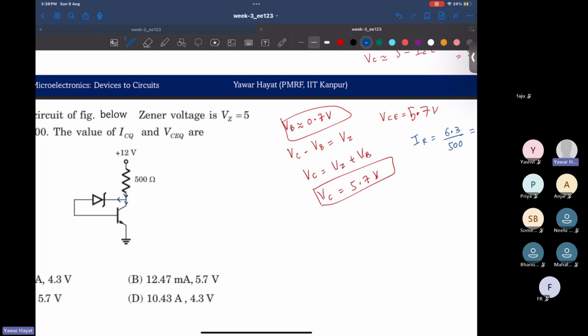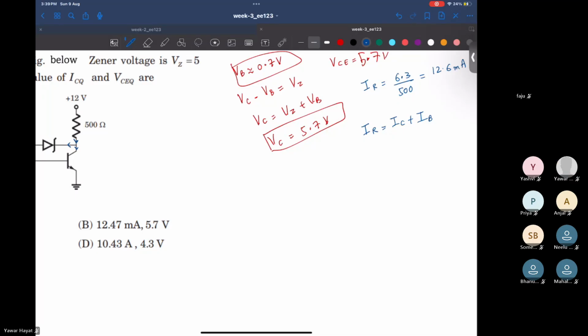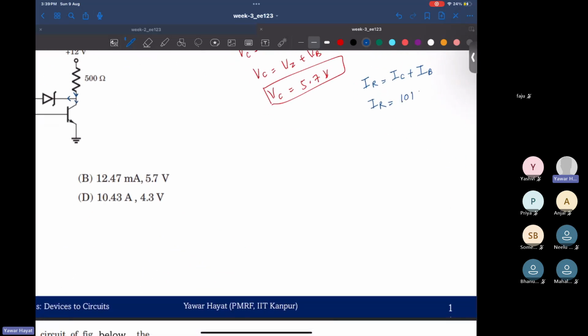So if I were to write in terms of equations, IR would be split into IC plus IB. And then how much is my IC? Beta times IB, and my beta is 100. So this would be 101 times IB. Is it?